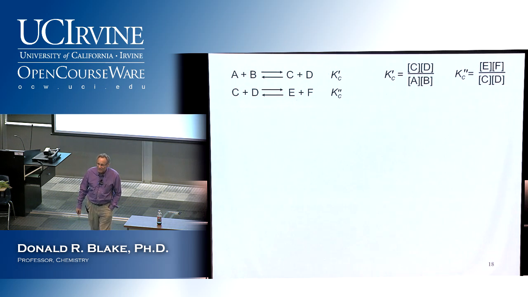If you multiply these together, what do you get? You get K sub 1C times this, okay, or this times this. And look at the CD on top and the CD on the bottom.